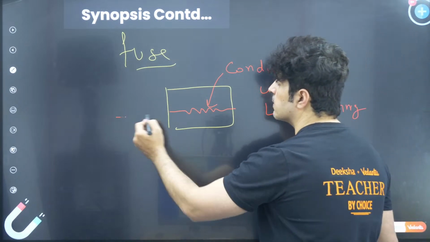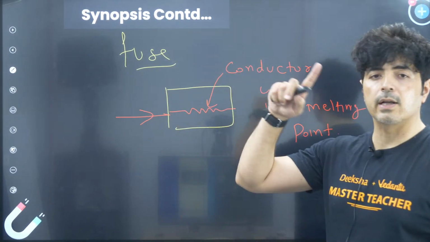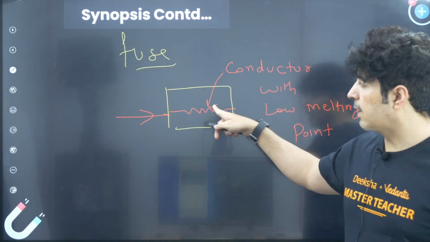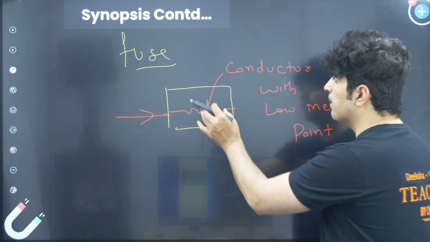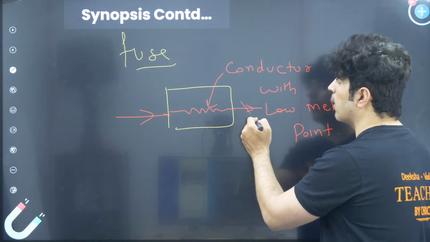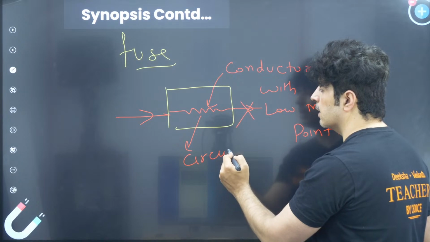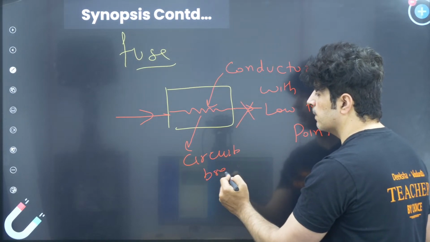So when the current becomes large enough, since the wire has a low melting point, it melts and breaks the circuit, so current cannot go forward because the circuit is broken. The same thing happens over here.